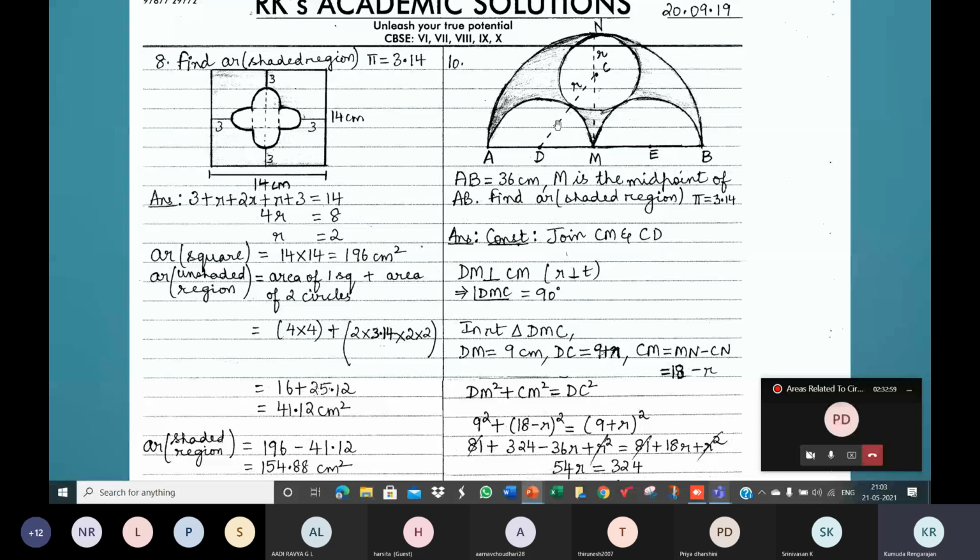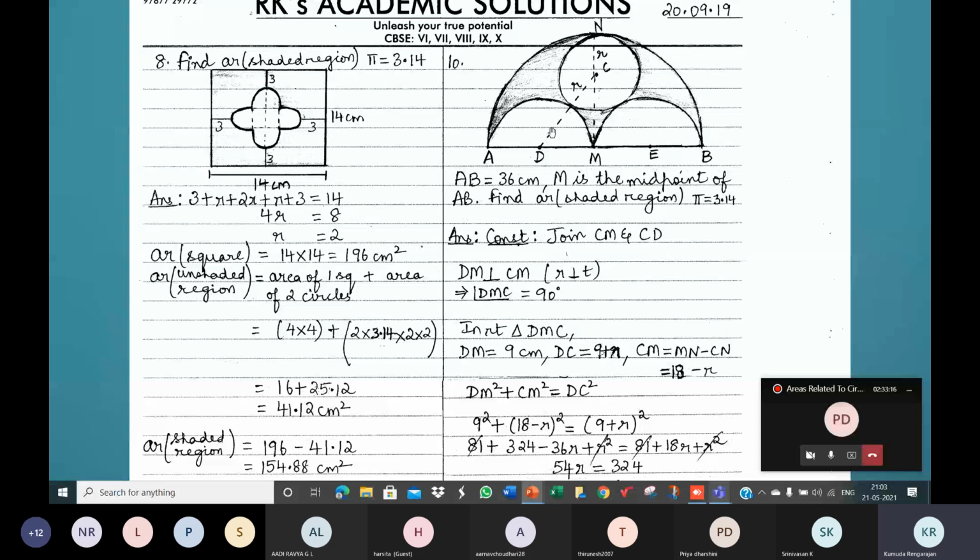Since DM is 9, this portion is also the radius 9. If we call the radius of the circle R, then from here to here is 9, and 9 plus R is DC. Let's see how again.